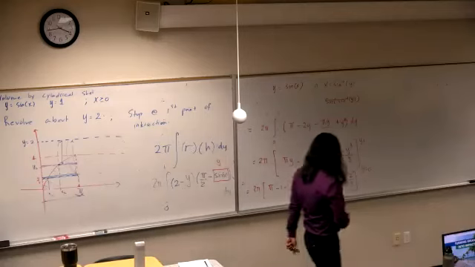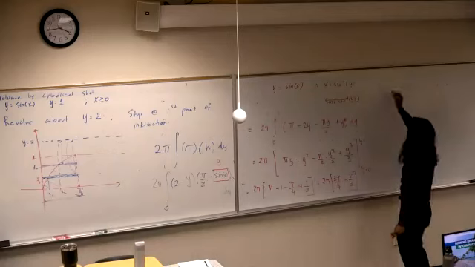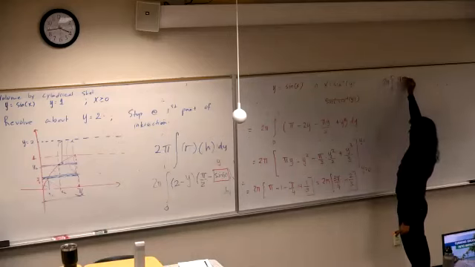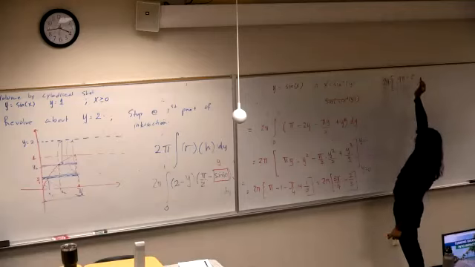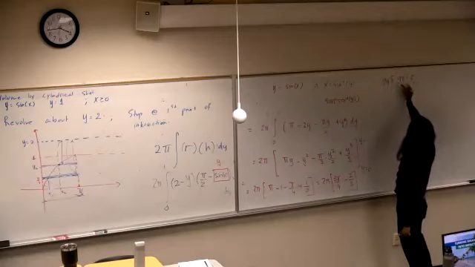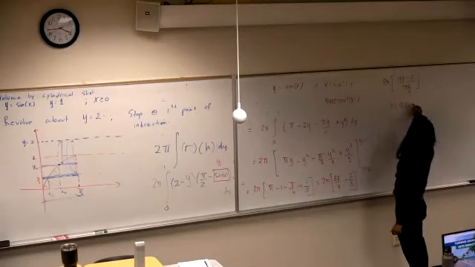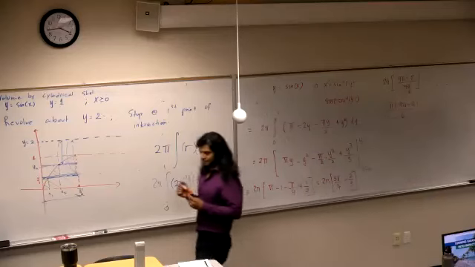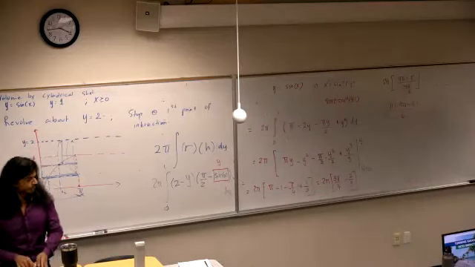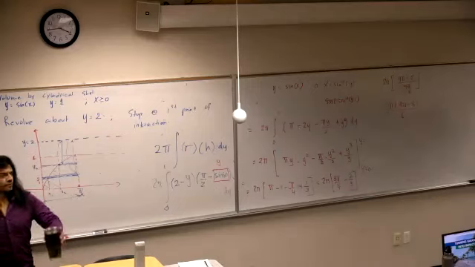You can combine this further and simplify 2 pi. 9 pi minus 8 divided by 12. Pi times 9 pi minus 8 over 6. Good.